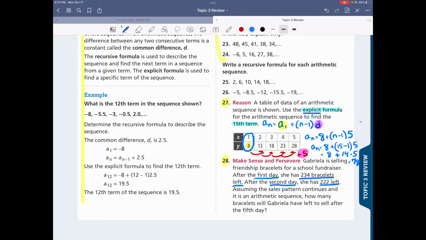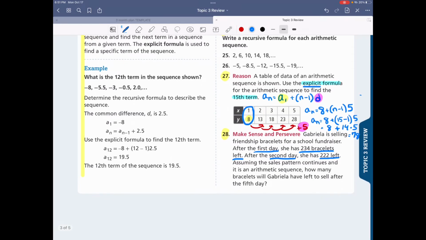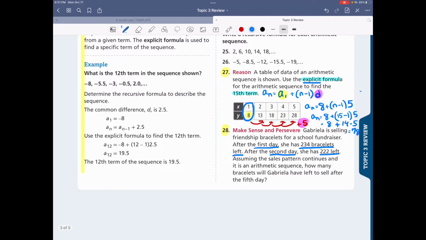Okay, so let's write the recursive formula for this one, and then we'll write the explicit formula. So for the recursive, it's the first day, 234. Then the recursive formula is a sub n. So I'll write right here, recursive.